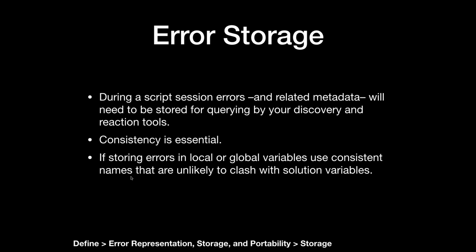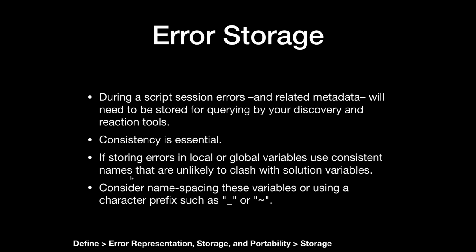So often, the best way is to either namespace or prefix your error variables. That way, if someone builds a system that deals with errors and they're passing errors all the time, it's not clashing with your variable that you've just named error. In the example that you saw in mine, you can use a tilde, or you can use an underscore, or if you're really eager, you can use something like error checking. You can namespace if you want.